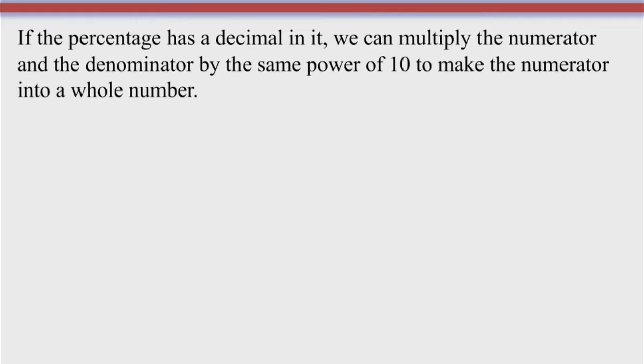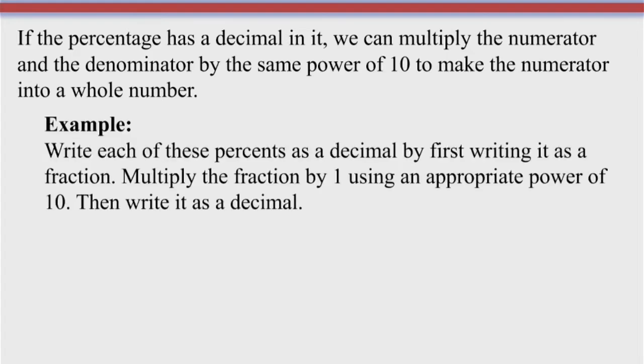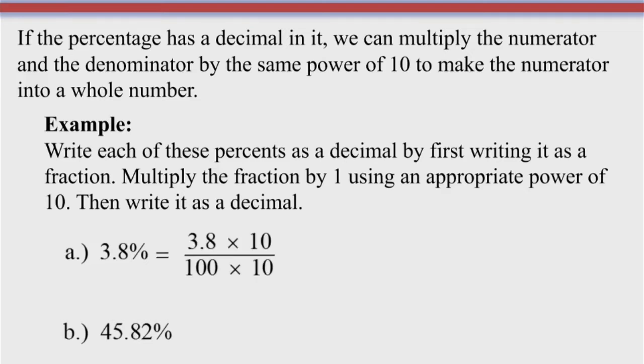If the percent has a decimal in it, we multiply the numerator and denominator by the same power of 10 to make the numerator into a whole number. In these examples, in the first one, 3.8%, we can write it as a fraction, and then the fraction will have a decimal in it, so we need to multiply both the numerator and the denominator by 10.